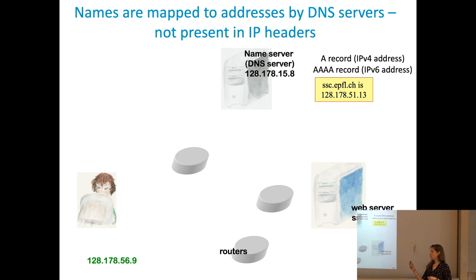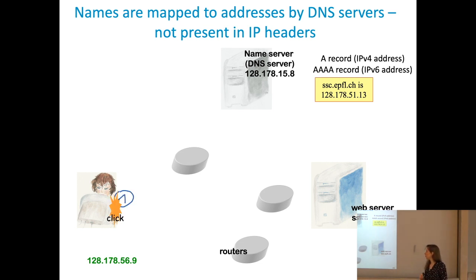So typically, if you're on your computer and you click on a link on the name of a certain web server, your web client wants to access the web server, but first it needs to know the IP address of the web server.